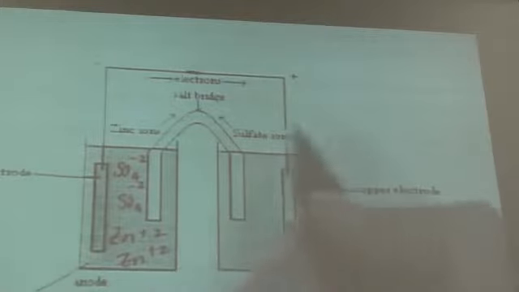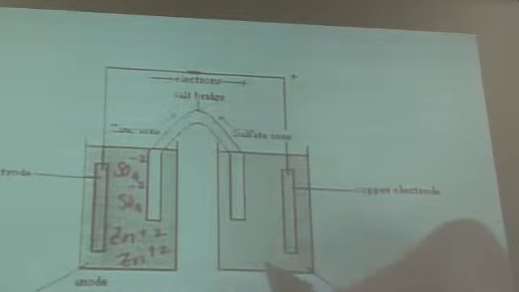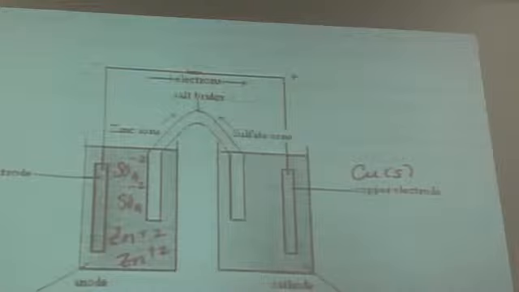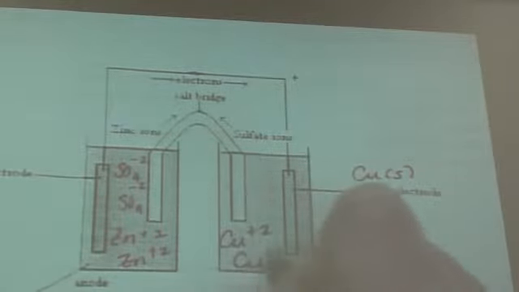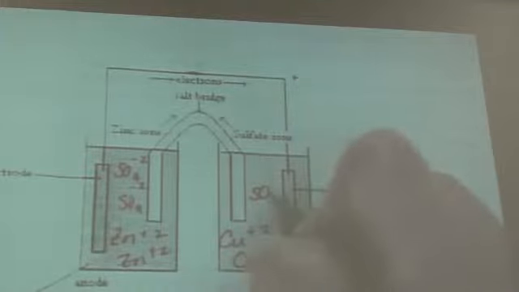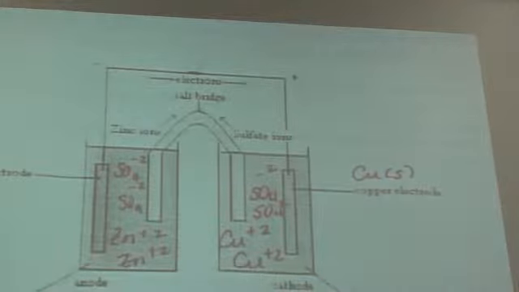In the other compartment, the copper electrode, solid copper, is being bathed in a solution of copper(II) sulfate, so it is surrounded by copper ions and sulfate ions. A galvanic cell has a spontaneous flow of electrons. Now here comes the memorization part. The two compartments are termed the anode and the cathode.